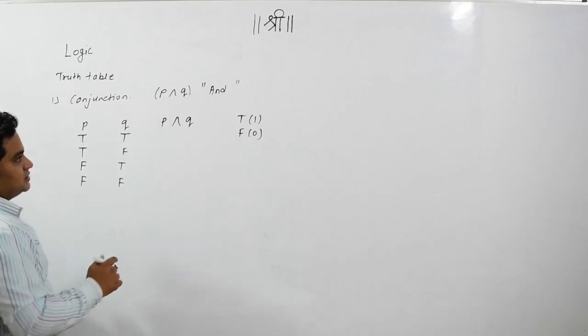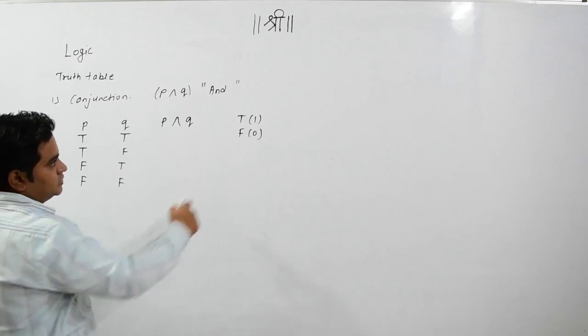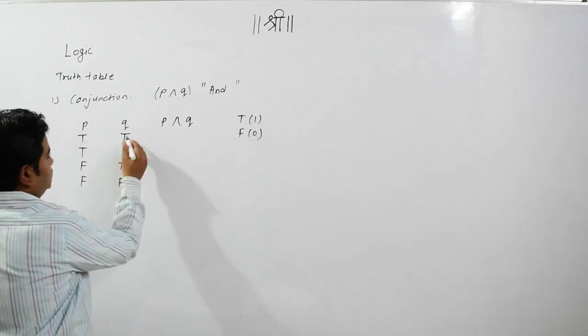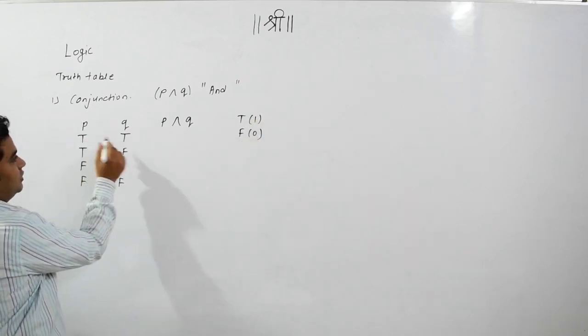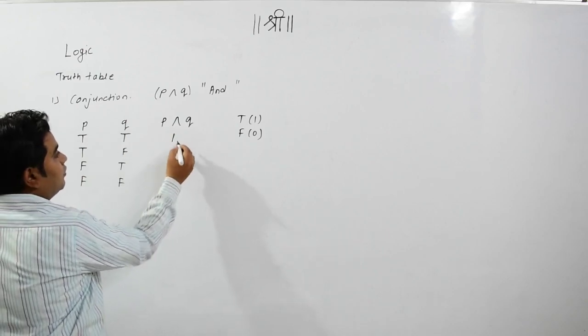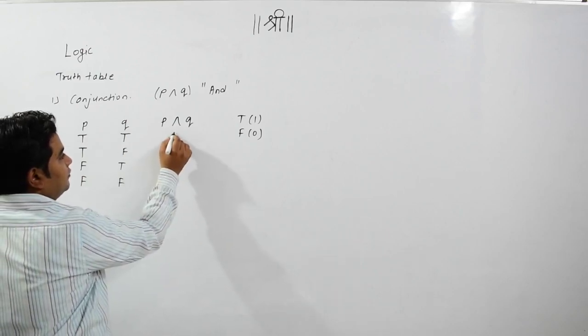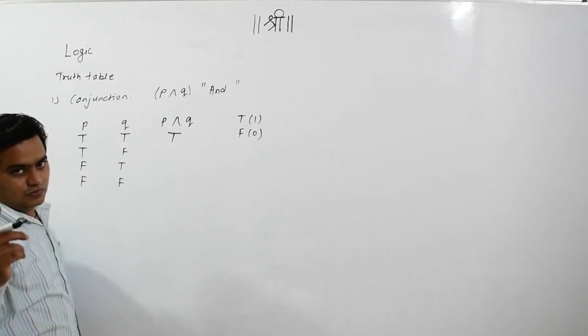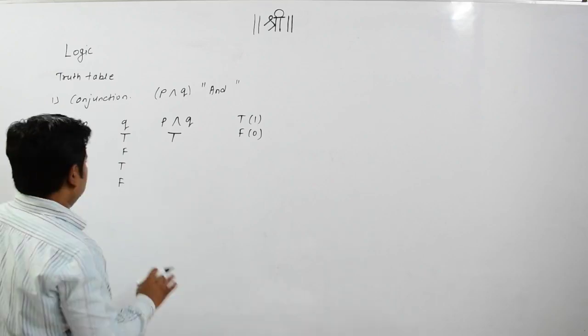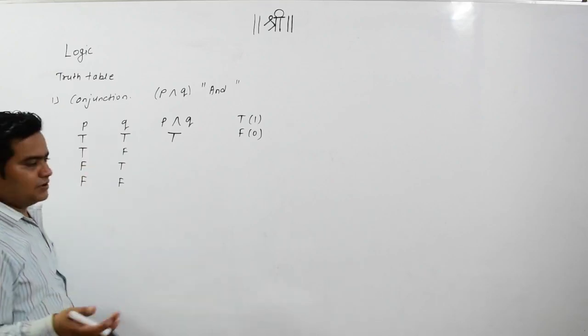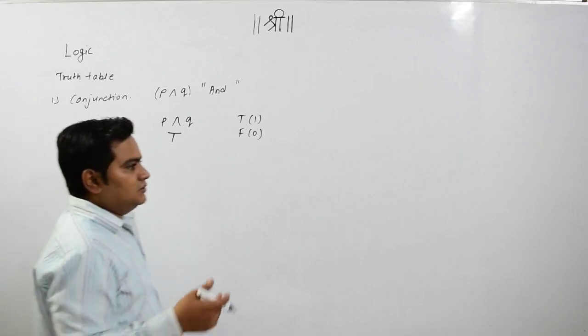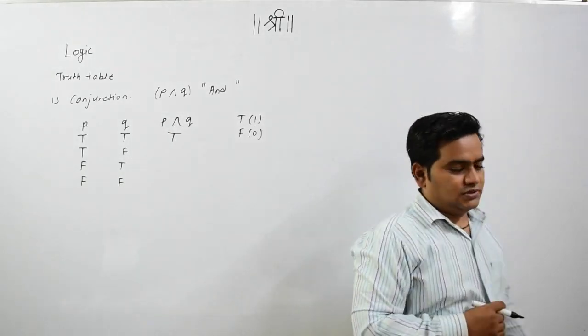In this case, if T stands for 1, then 1 multiplied by 1 will give you 1, which stands for true. I am giving you a shortcut. This is not my shortcut, this is commonly used by teachers also.